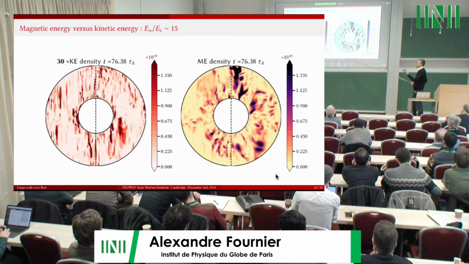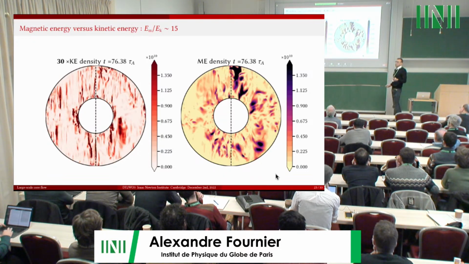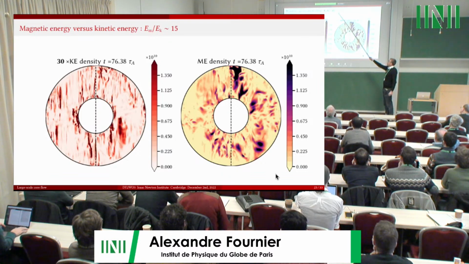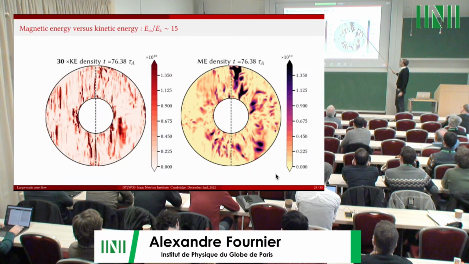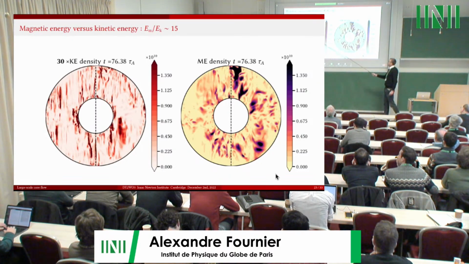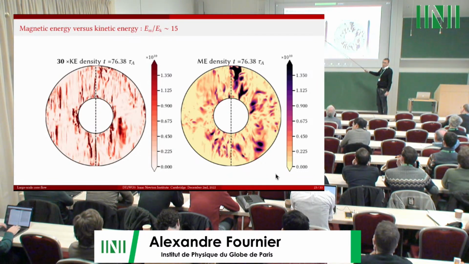To illustrate how the magnetic field talks to the velocity field in terms of constraining the velocity field topology, I plotted here, at times where the magnetic energy is rather strong, the density of magnetic energy in a meridional plane, and 30 times the density of kinetic energy in the same meridional plane at the same instant.